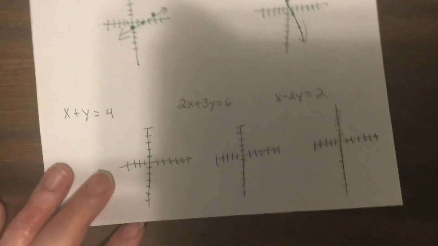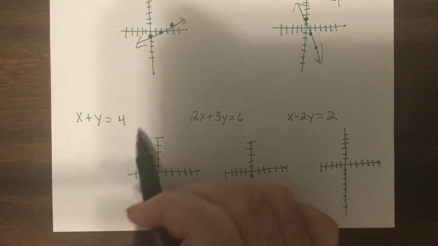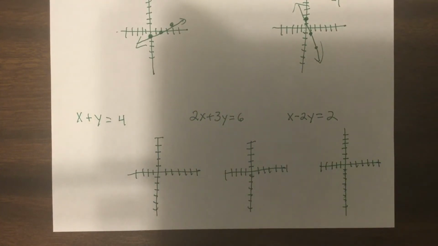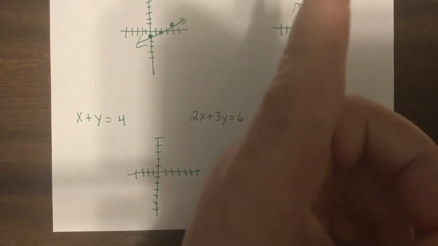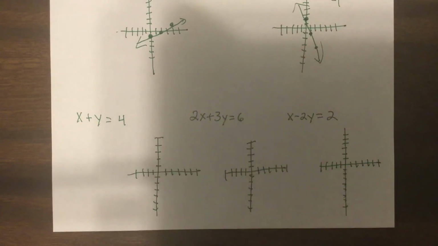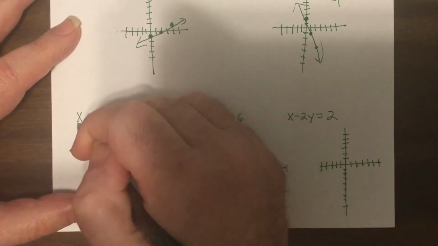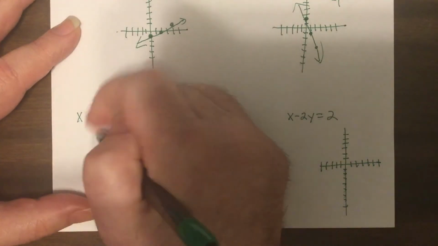So if I'm given linear equations written in standard form, ax plus by equals c, which we'll talk more about later, you could do three ordered pairs. You could do the intercepts. And you can do slope-intercept by solving it for y. So I want to get x on the other side with the numbers, so I would subtract x.